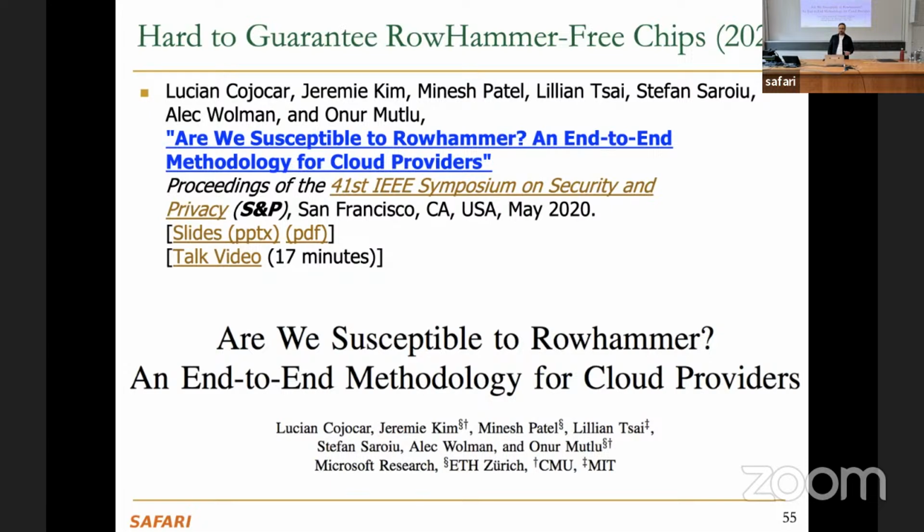So this is a paper that we collaborated on with some Microsoft folks that looked at the RowHammer vulnerability of the machines in their servers. And it turns out that when you ask the question, can we guarantee that our systems are RowHammer free? It's very hard to answer that question because you need to conduct some rigorous experimental characterization.